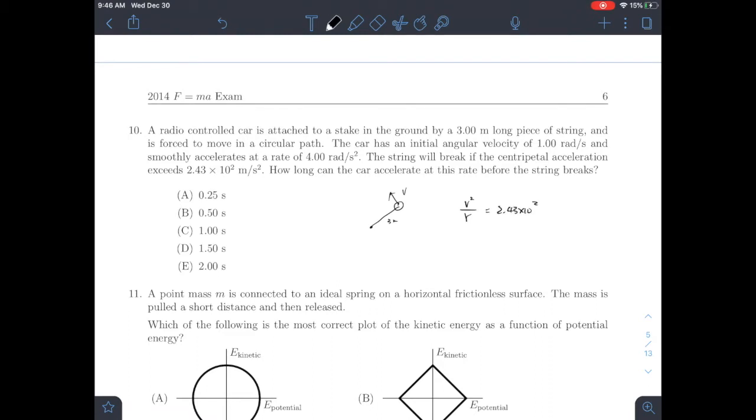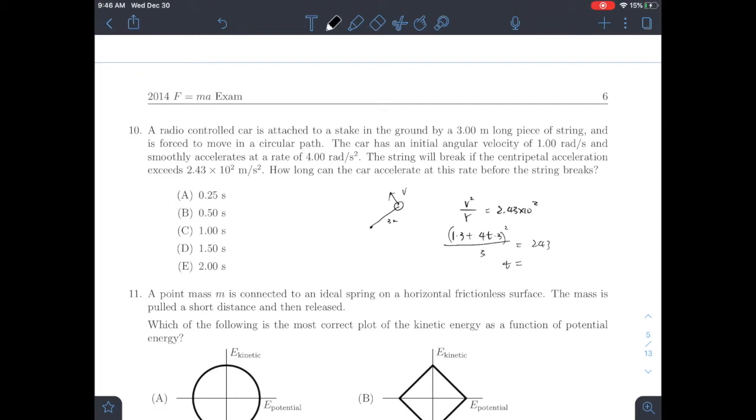Right? But first we want to know what v is in terms of the variables we know. v is equal to vi plus at. vi is equal to 1 times 3, and a is equal to 4 times 3, right? Because then we square it and divide by r, which is 3, and we have 243.